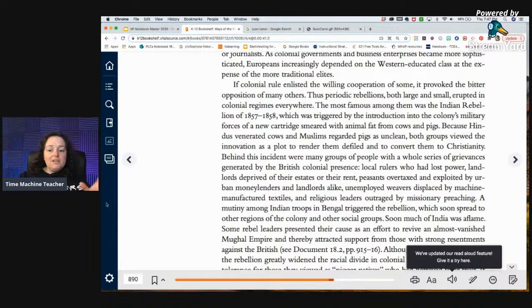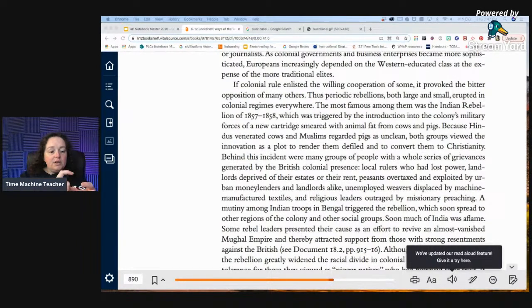So normally the Muslims and Hindus didn't agree, but on this they did. And it's also called the Sepoy Rebellion. So you want to put that in your notes. It can be called the Indian Rebellion or the Sepoy Rebellion. And I just put it in the chat so you know how to spell it. The reason that they were combined on this is because Hindus honor cows and Muslims regard pigs as unclean, so they can't have that in their body.